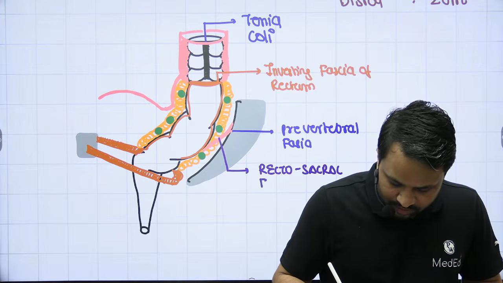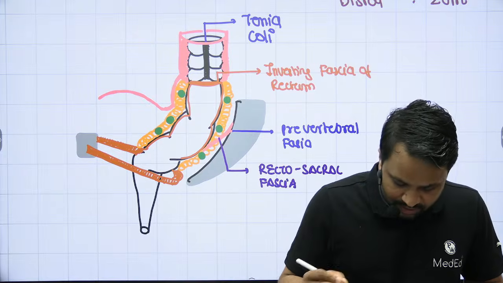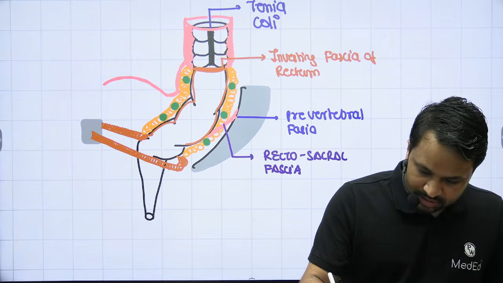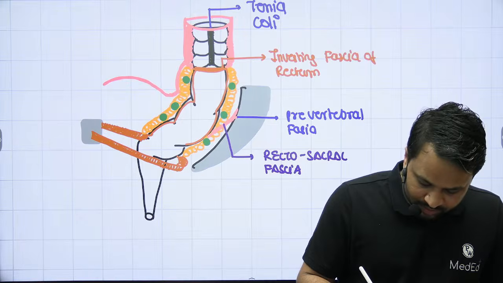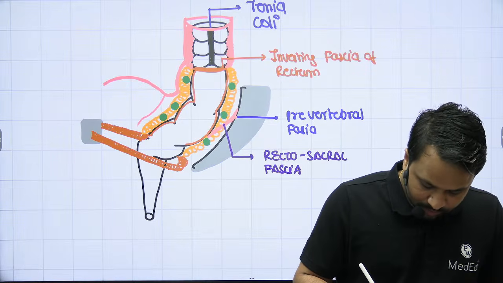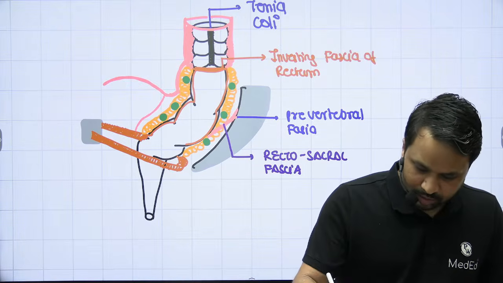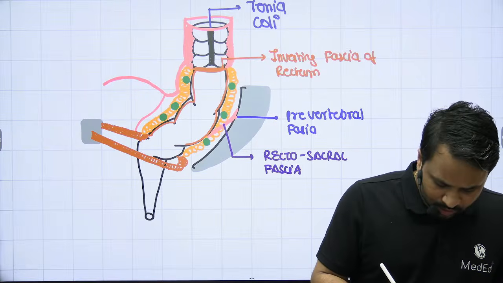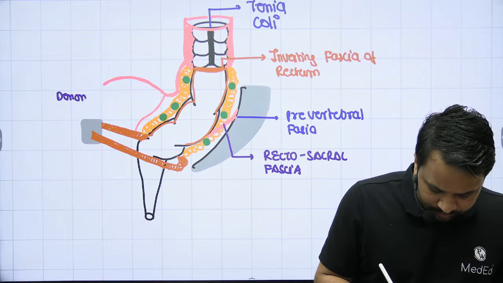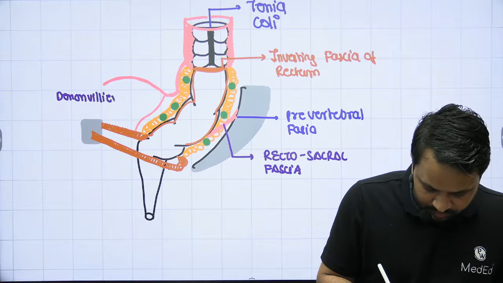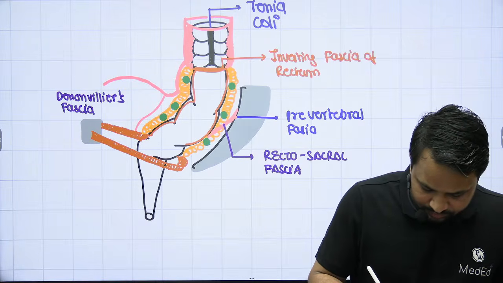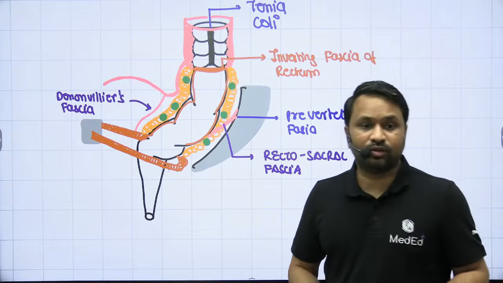Anteriorly, you will see that this same thickening is going to cover the prostate as well as the rectum. It divides the prostate anteriorly and the bladder there, and this is what we call the Denonvilliers fascia.